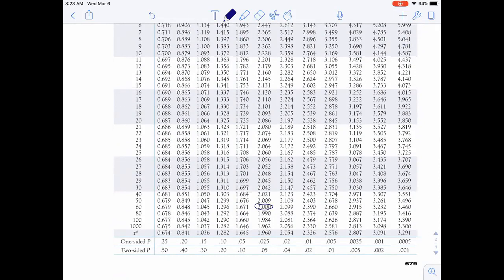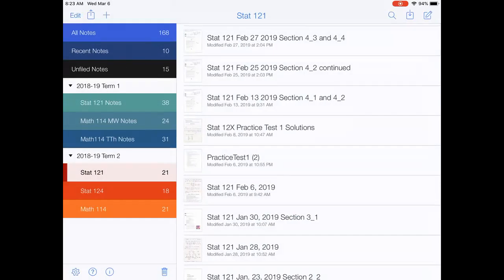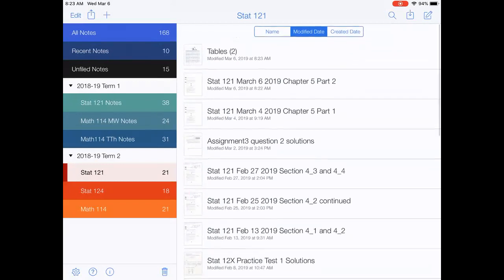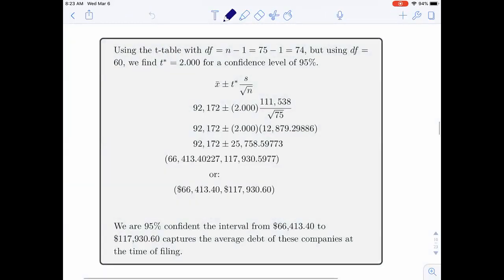Nice. Which really goes with our 68, 95, 99.7 rule, right? So that's still holding true. So our t star is 2.000.